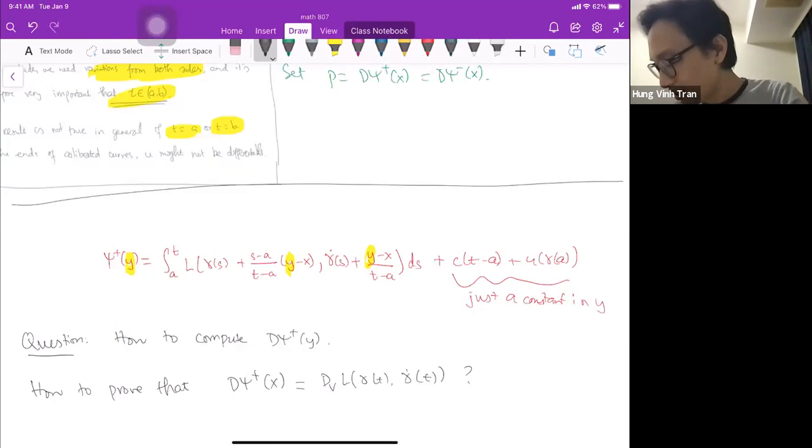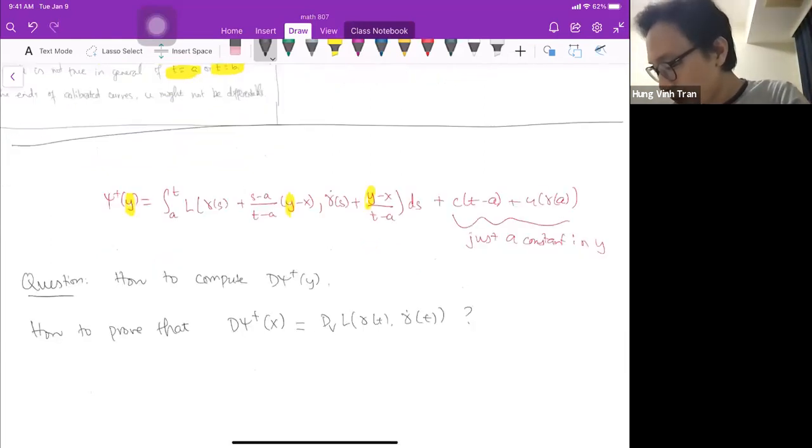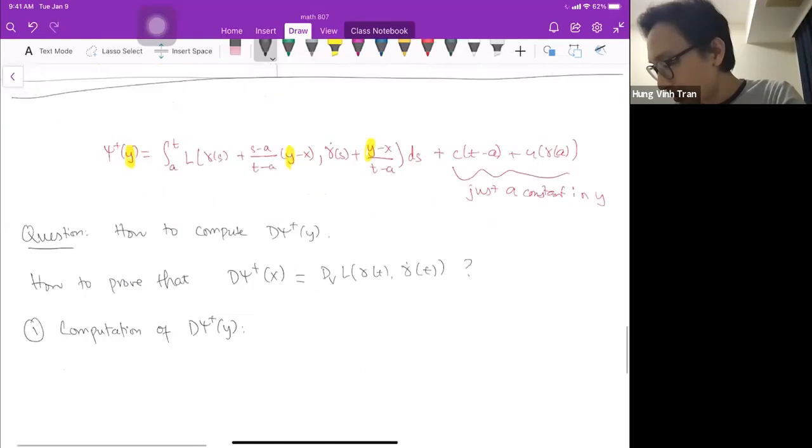Okay, so let's do it. Computation of dC plus of y. Again, the good thing is that the constant goes away. I don't have to worry at all about the constant. Just the integral from I to t. The first slot is D_x L. I'm not going to write out the slots because that's going to be too long.